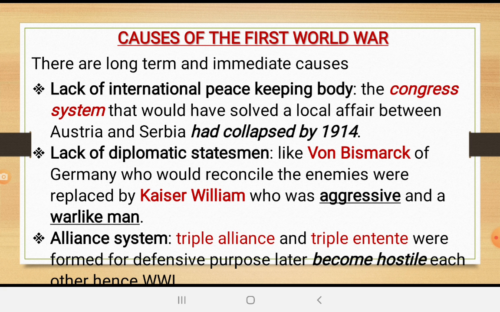These alliances were formed firstly for defensive purposes, but later they became hostile to each other. They started to aggress each other, hence the beginning of the First World War.